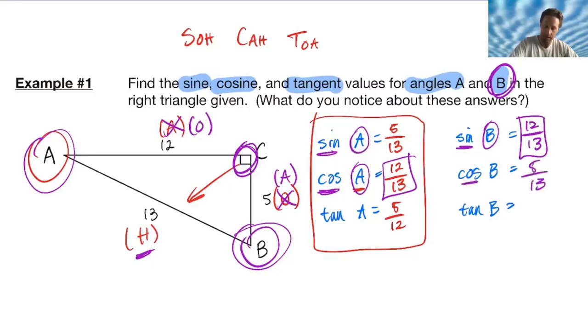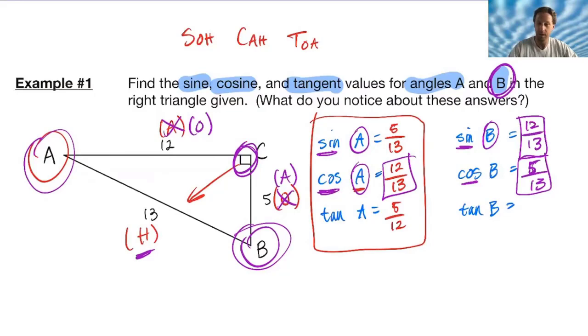And again, just to check, make sure that you know that cosine of angle B would be the adjacent over the hypotenuse, 5 over 13. So again, having this knowledge is just a shortcut to be able to find things a little bit faster and not have to go through the definitions of each of your trig functions.